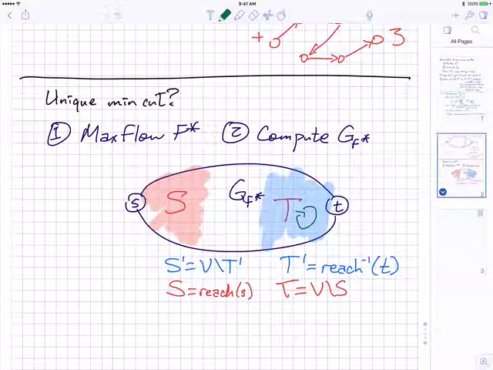Yes? If I'm given a maximum flow, can I say that I have at most two minimum cuts? No. Actually, there might be several intermediate cuts between these two. Is there a way of finding them? That is an interesting question.